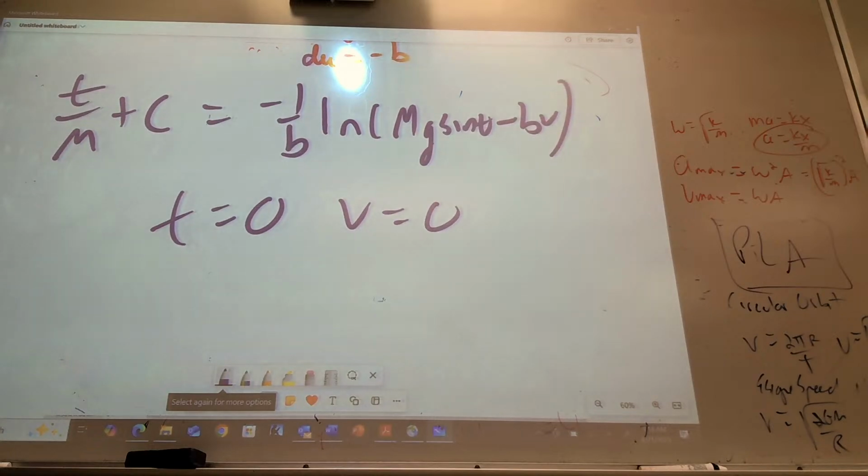Once you get your C, okay, let's go through. If you plug in 0 for V, you're going to get ln mg sine theta.